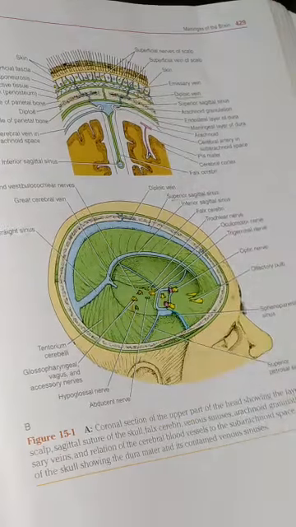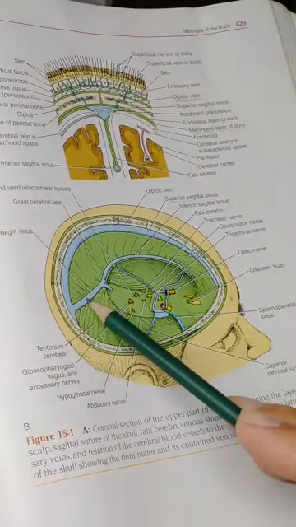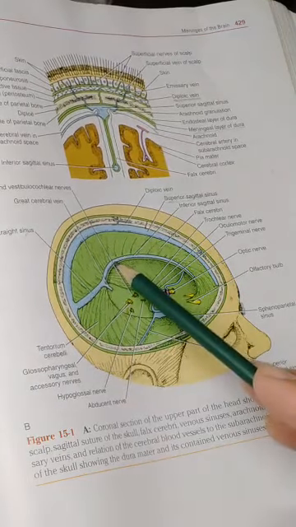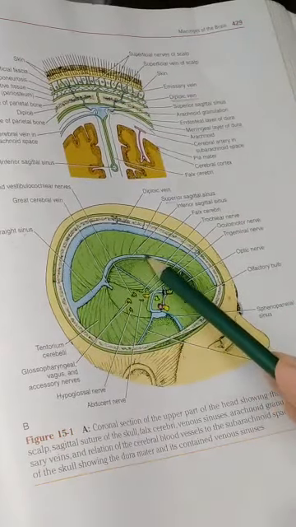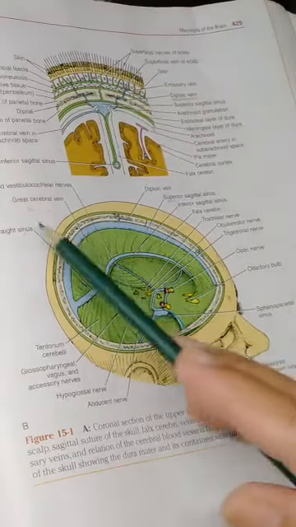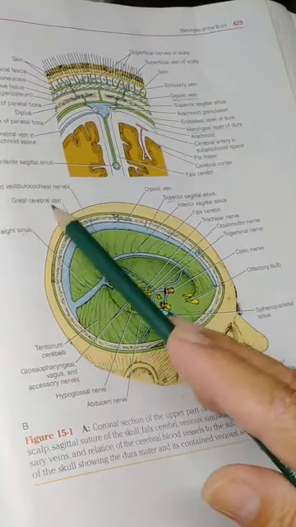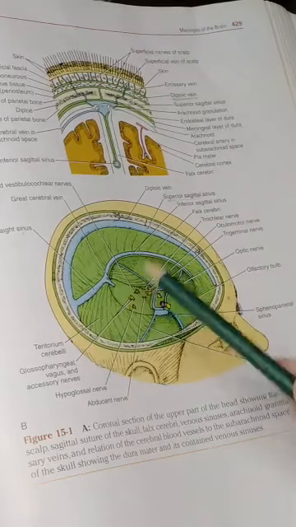Okay, the straight sinus is formed by the union of the inferior sagittal sinus and the great cerebral vein. This great cerebral vein is the vein that drains the diencephalon.